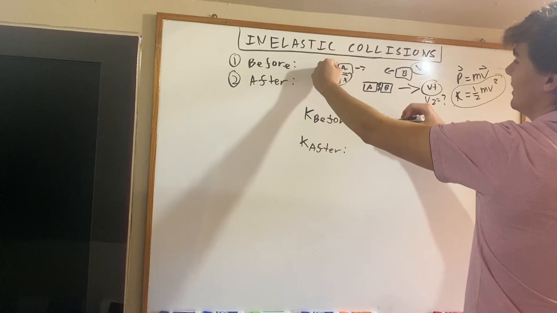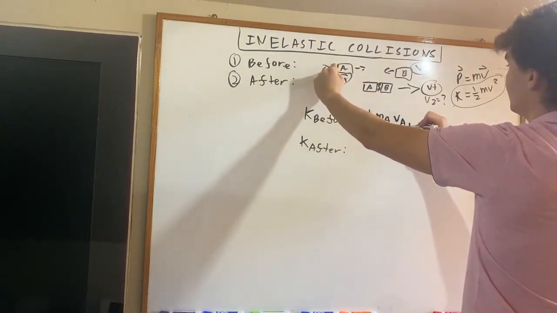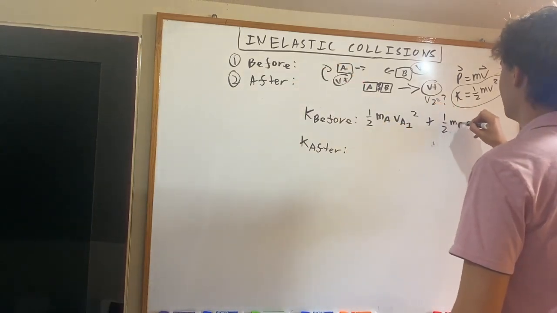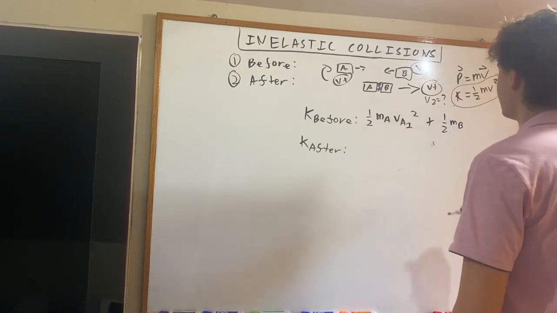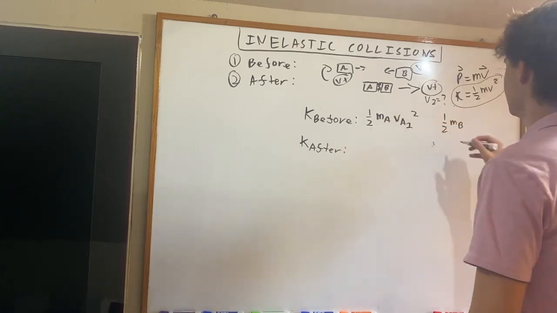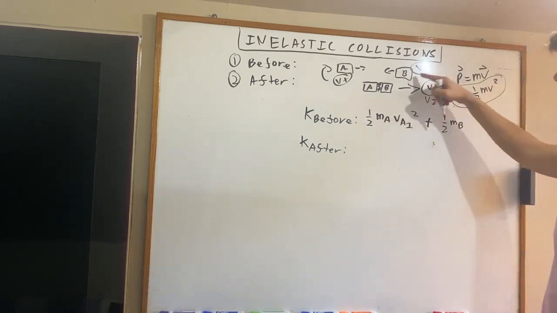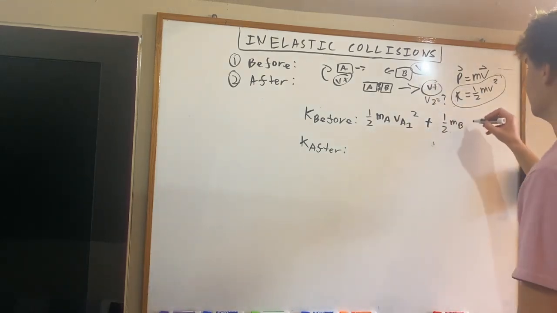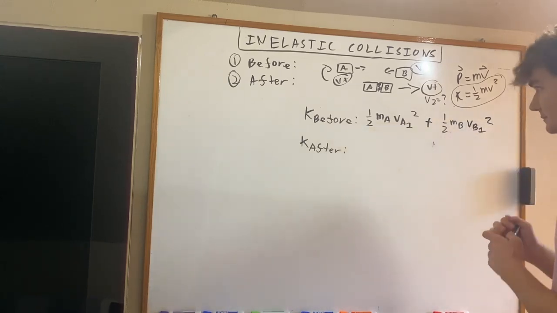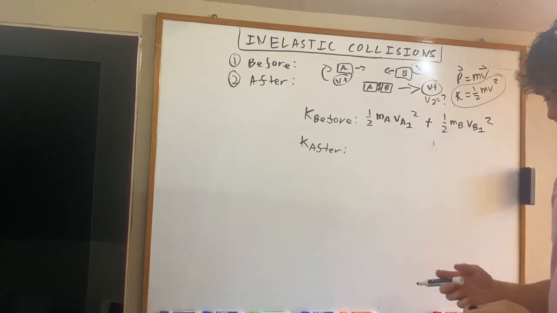So K is 1/2 MA VA1 squared plus 1/2 MB, and we'll actually do it negative, because the velocity, well, it doesn't matter, it can't be negative, because the velocity is going to be squared, so it's going to be positive anyway. So MB VB1 squared. Okay, so that'll be the kinetic energy before.